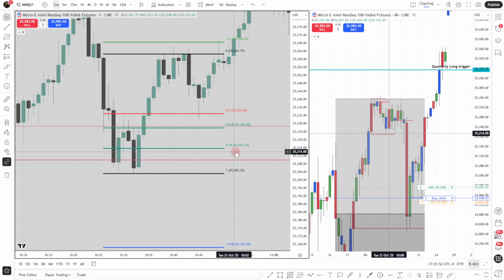Let's say I had an entry right here and missed it because it just tapped the 50% and went. I would probably jump in right here and have maybe a stop loss set right here.